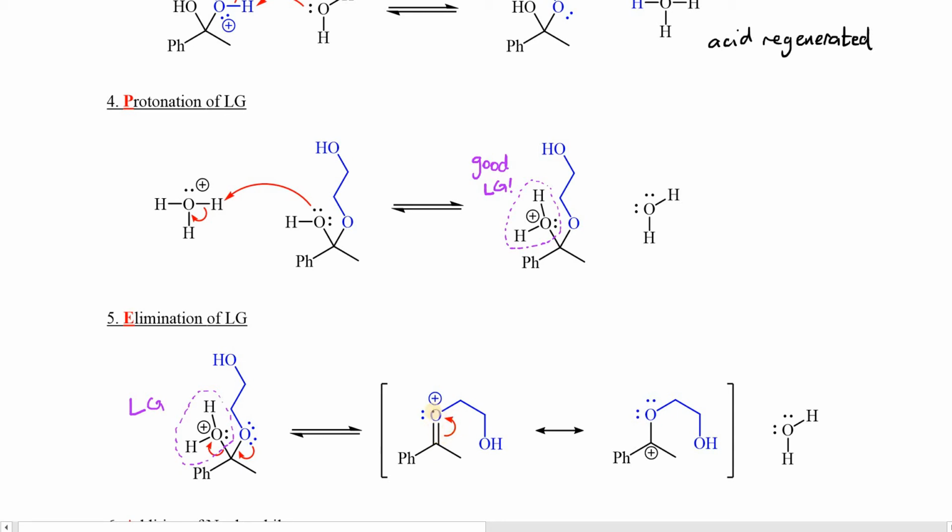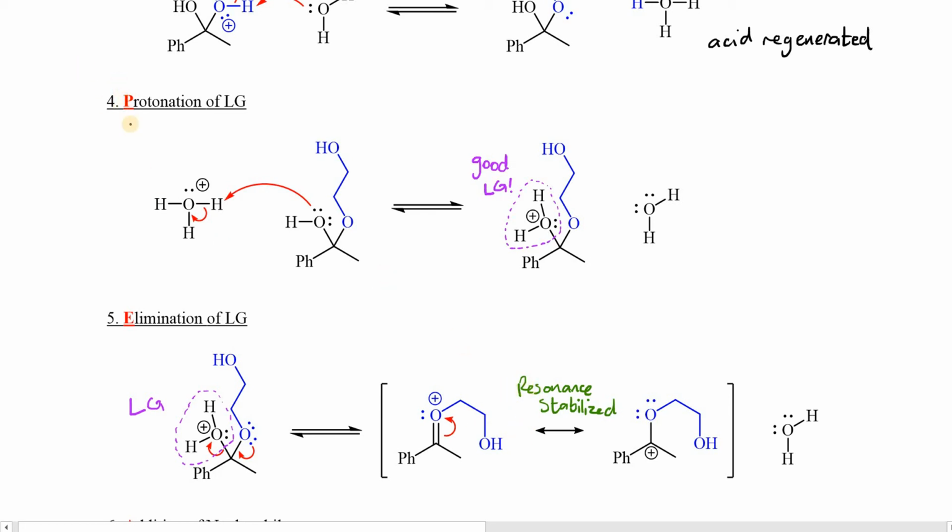If this electron pair goes back to oxygen here, we indicate that lone pair and a positive charge here. This is resonance stabilized. Now another thing to mention is that the carbons here and here are sp3 hybridized. There is free rotation. So this ethylene glycol portion can kind of bend on itself, which is why I drew it like this. That's going to be important for the next step.